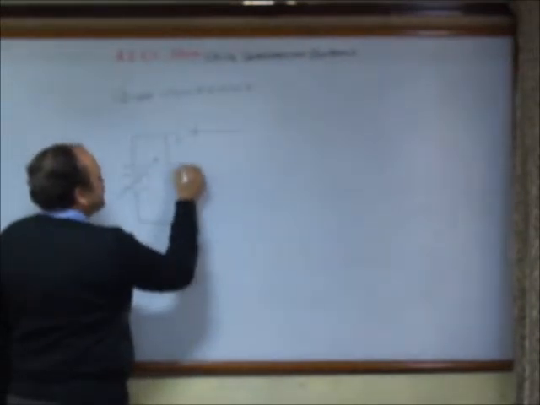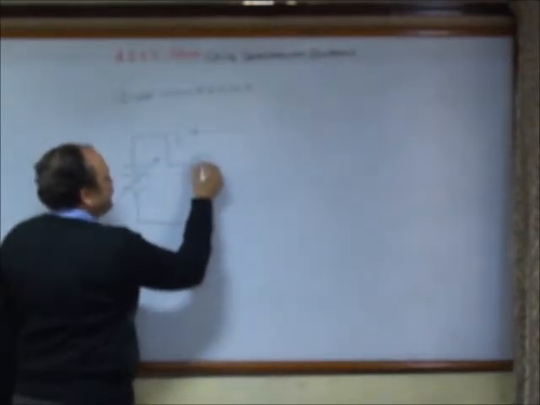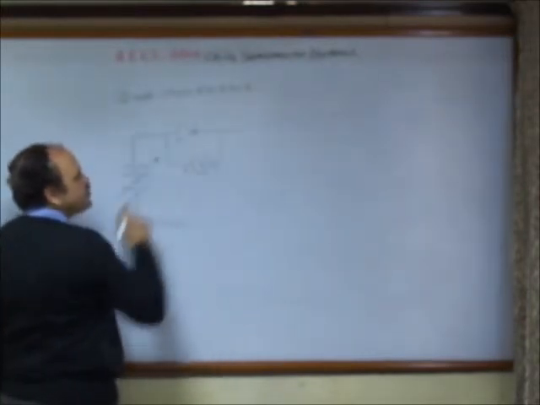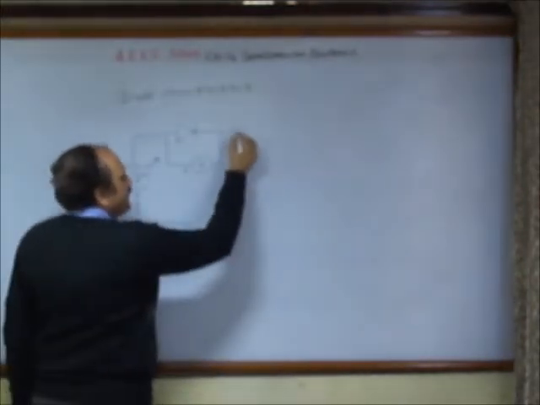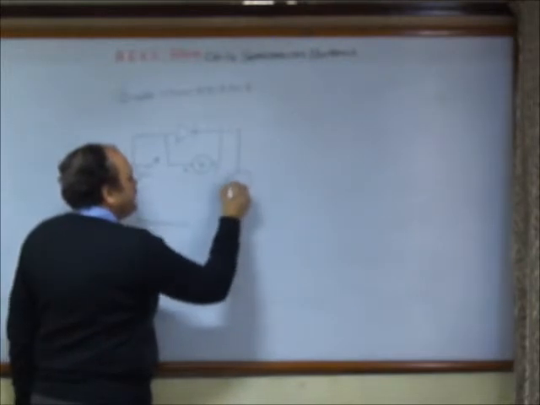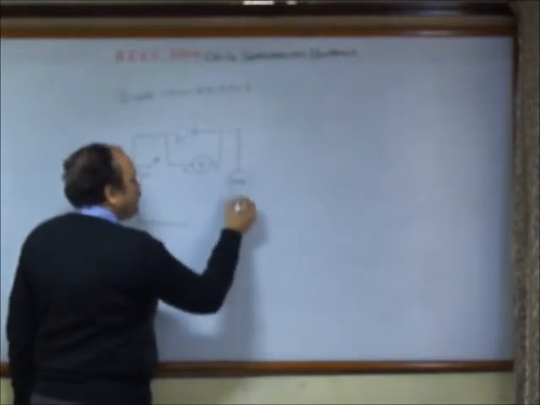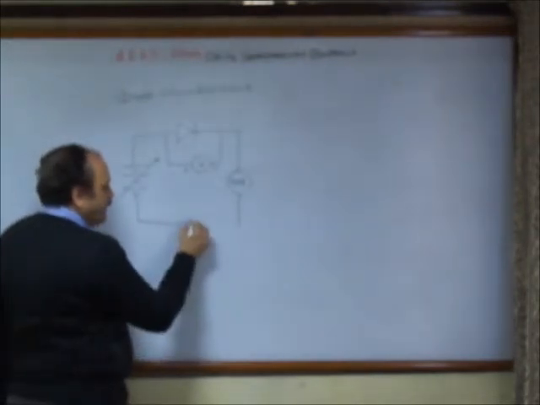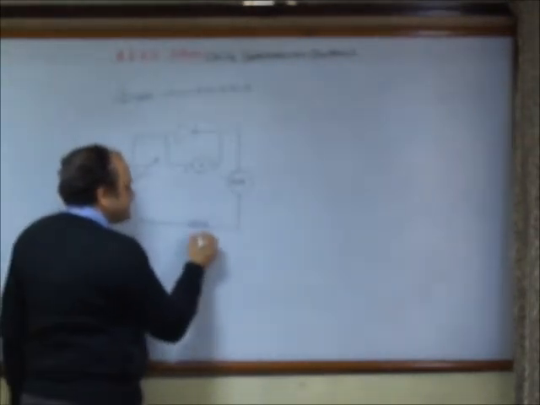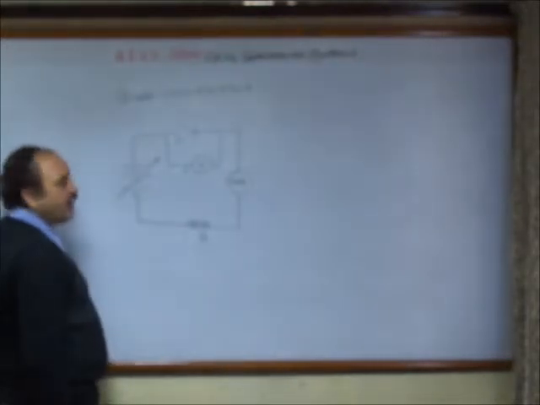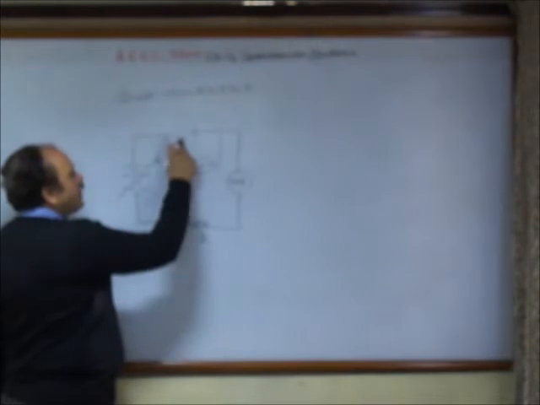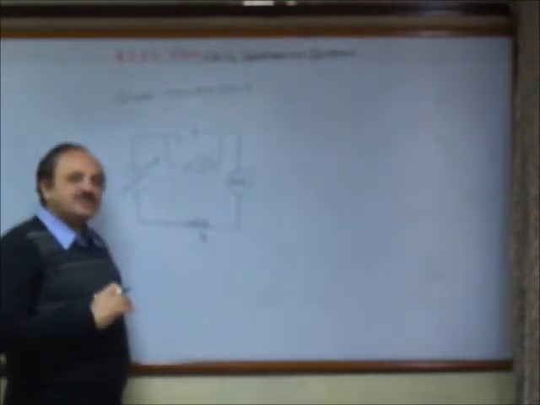We need a voltmeter across the diode to read the potential difference. We need a milliammeter or microammeter to read the current, and there is a series resistance required in order to handle the current so that the diode is not damaged.